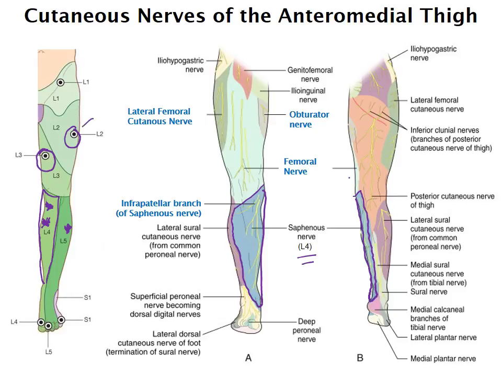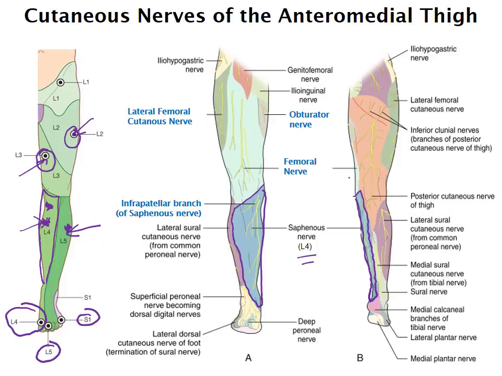So I like this for testing L2. Here for L3, we tend to test this general area, for L4 this general area, and for L5 this general area, but we also, just like C6 was our thumb, L4 is the great toe, L5 is the second or third toe, and then S1 is the pinky one.